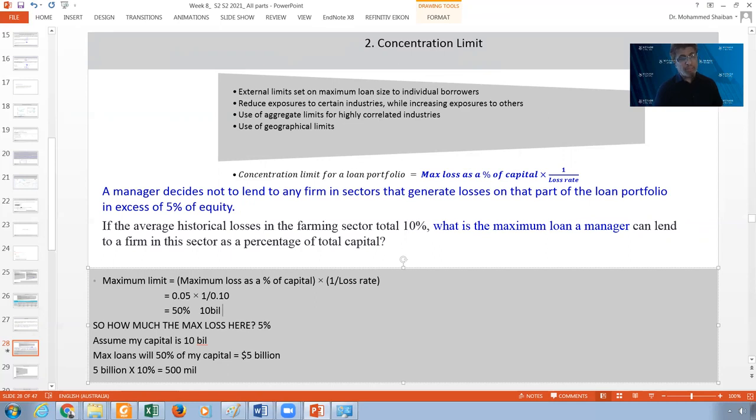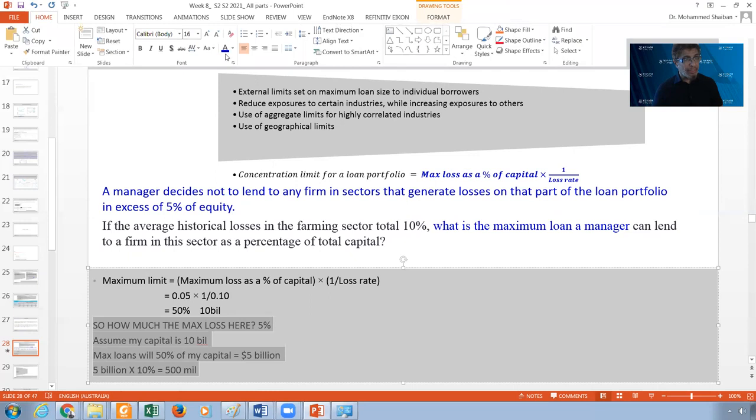My total investments in this industry should not exceed 50% of my capital, not 50% of my assets, okay? Because the capital is the one that will, at the end, absorb the risks. So let's highlight this one and show you how it happens.